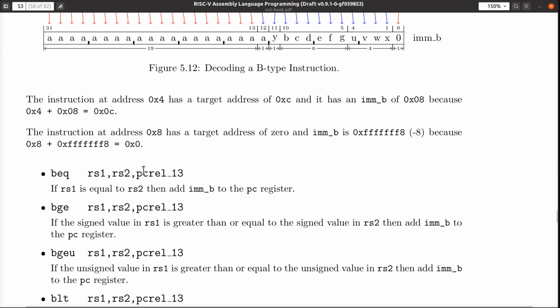So when I say PC rel 13 in the usage statement for one of these branch instructions, what I'm talking about is an address whose value can be expressed using an IMMB value that can be added to the address of the current instruction. In other words, this is a 13-bit number at most.